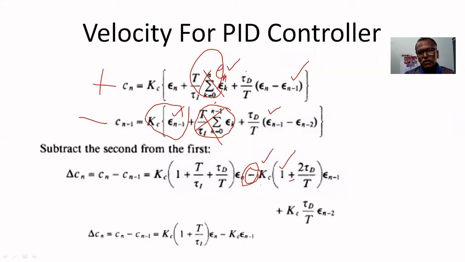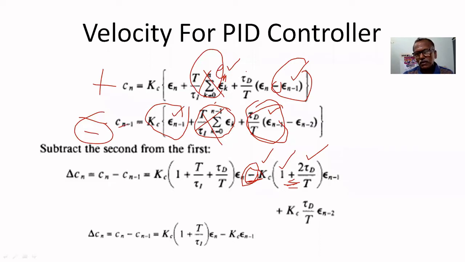Here plus, because this is minus and this is also minus, so the outside minus gives that sign. So Td by T Kc E of n-1. Here also one more term, the same term with the minus sign outside, so you get it 2 times. So this also we wrote.